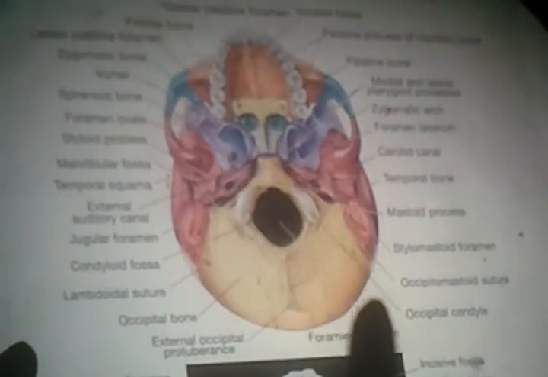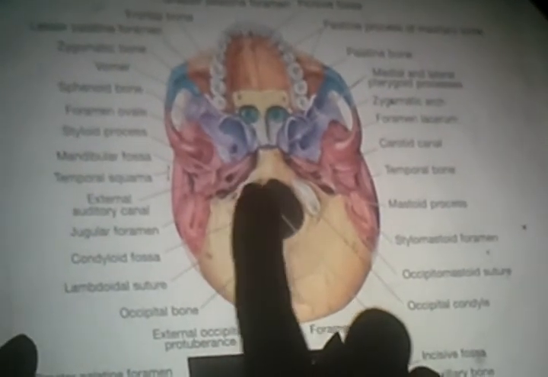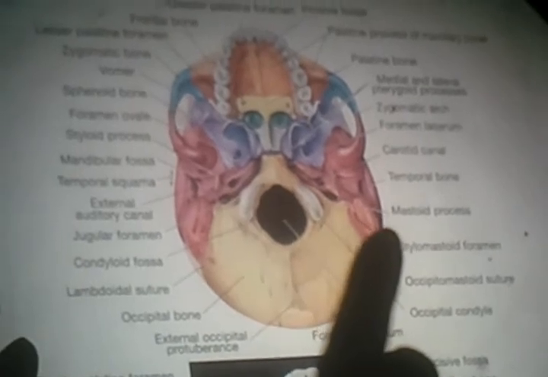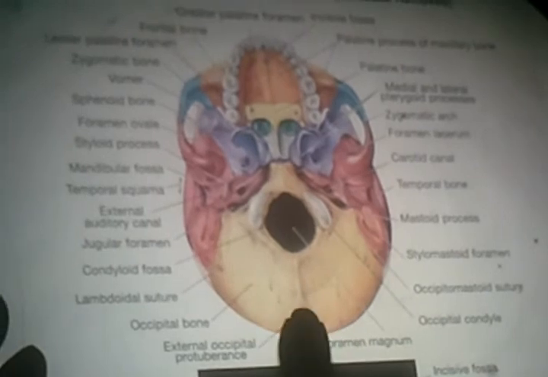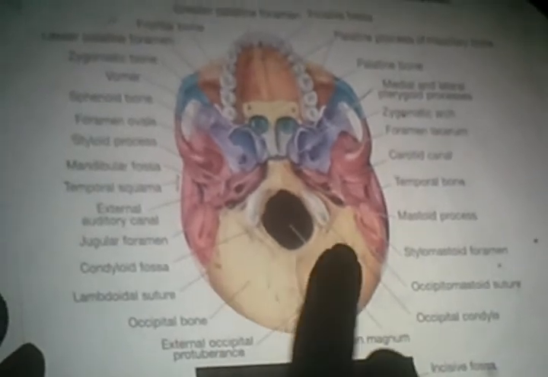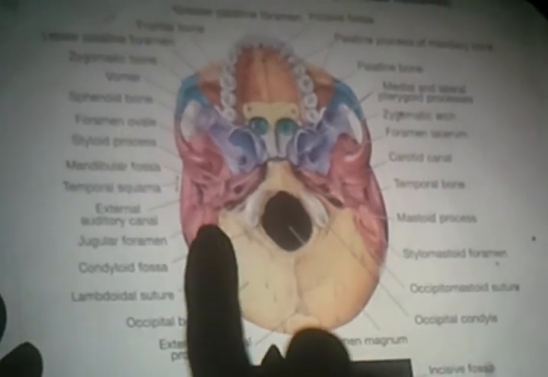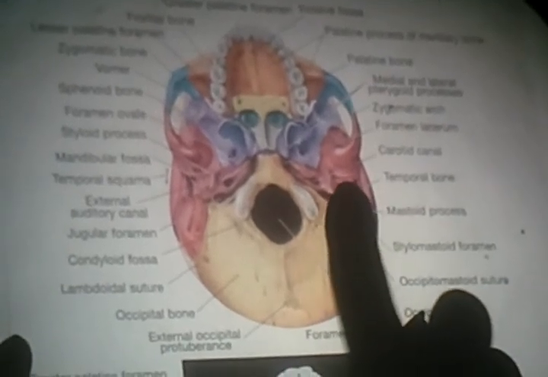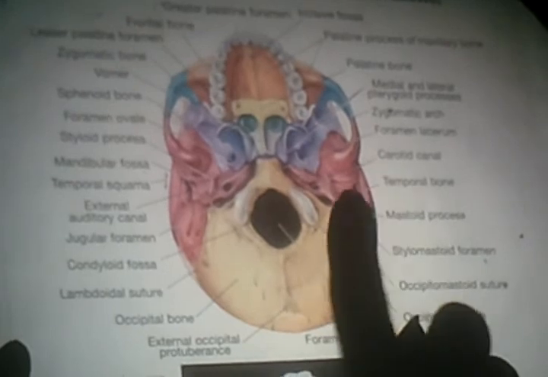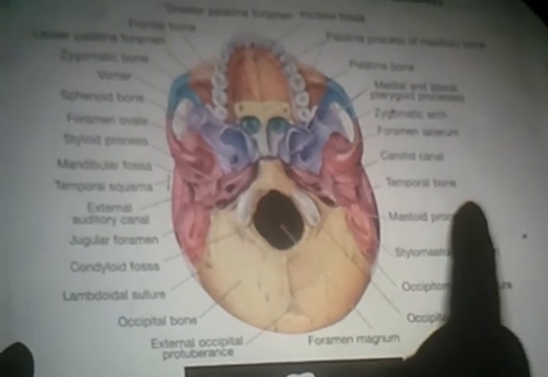Foramen magnum, which the spinal cord passes through, occipital condyles, which will articulate with C1. Then you have condylar fossa, external occipital protuberance, nuchal lines that will be along here, mandibular foramen, mandibular fossa, in which the condyloid process of the mandible will sit.